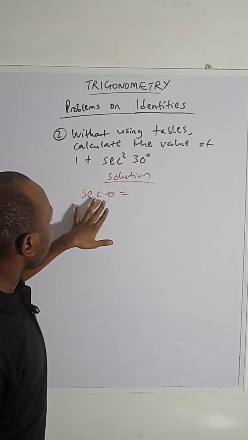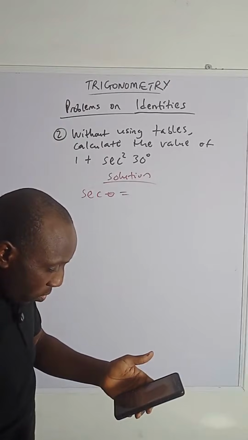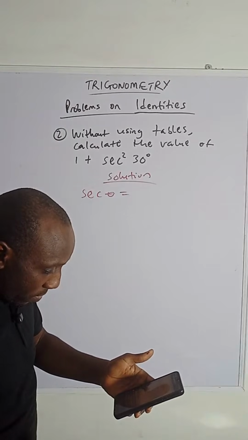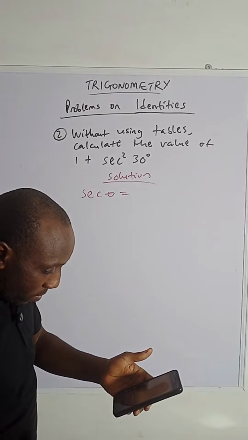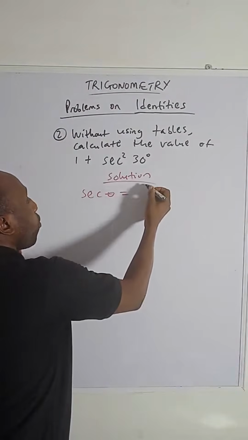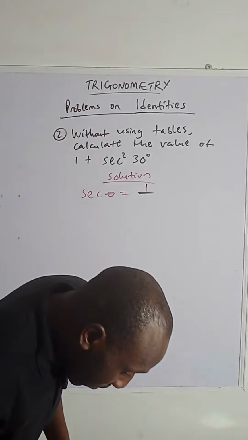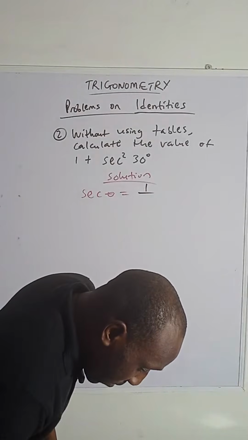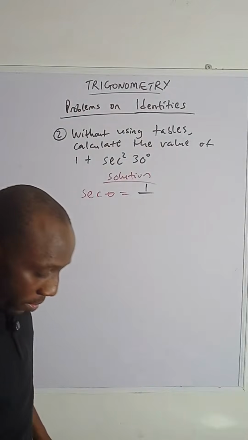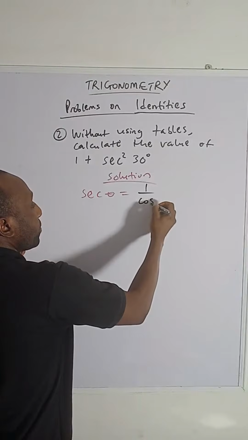So can you tell me, sec theta is equal to what? Sec theta is equal to 1 over what? Thank you. 1 over cos theta.